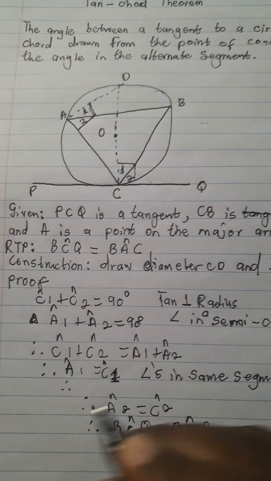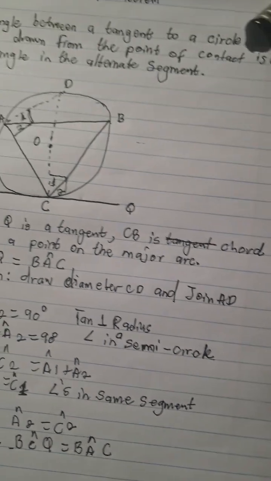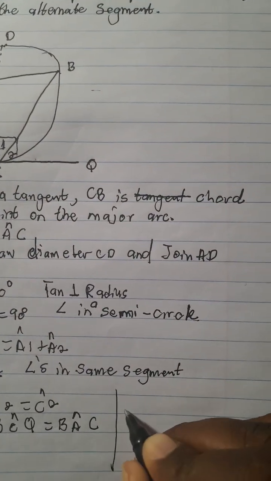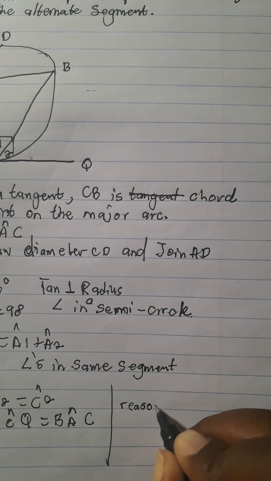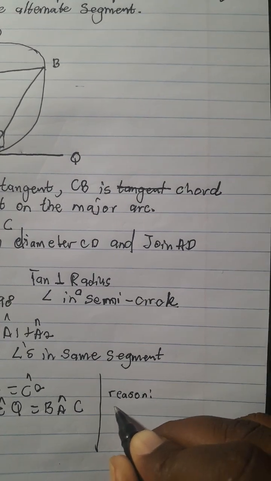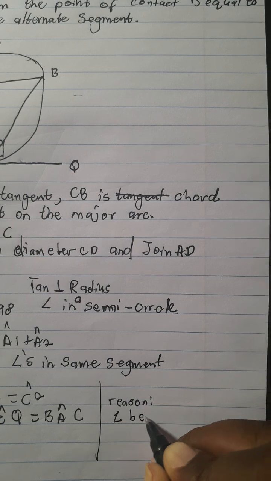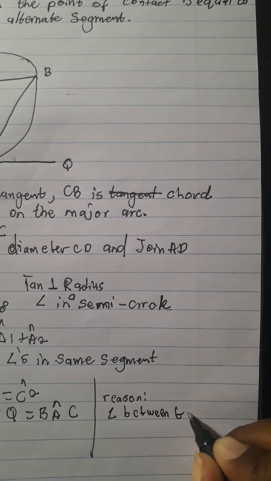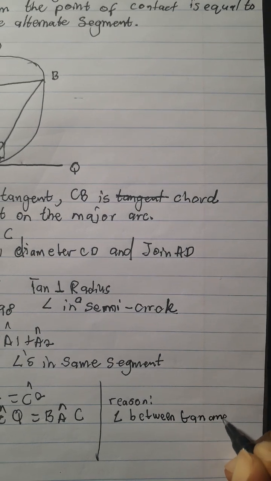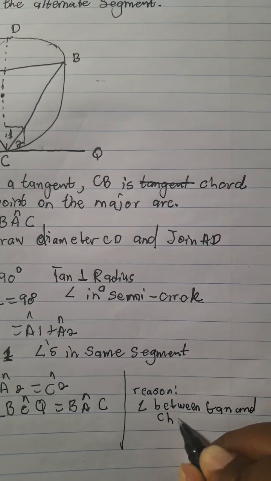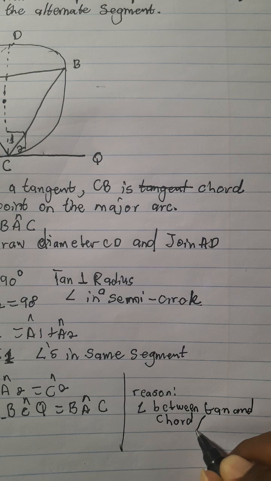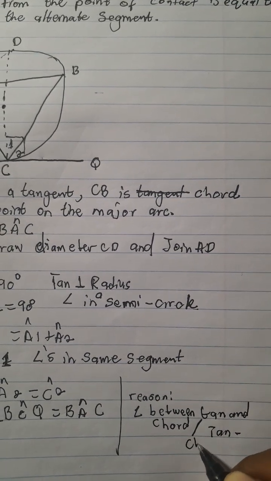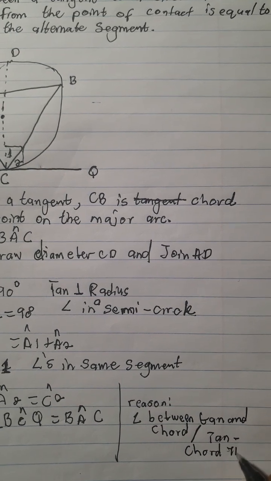Whenever you use this theorem, I want you to take note of this. Your reason will always be angle between a tangent and a chord, or you could say tan-chord theorem, guys.